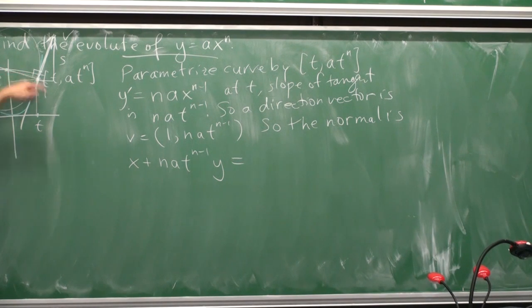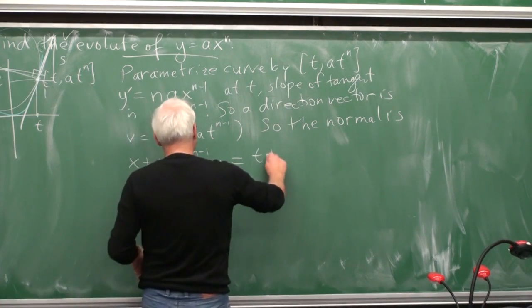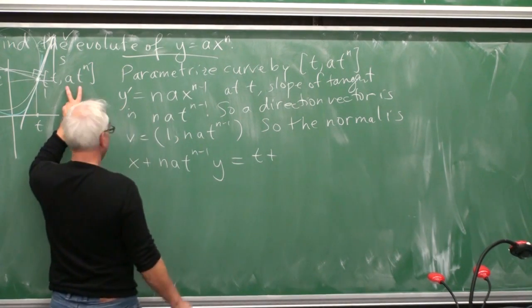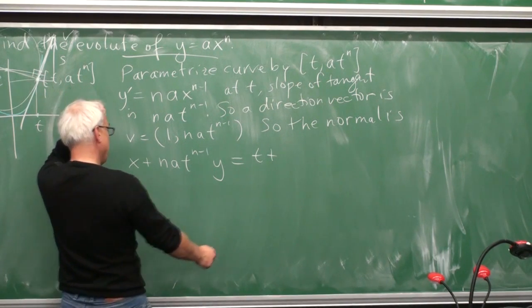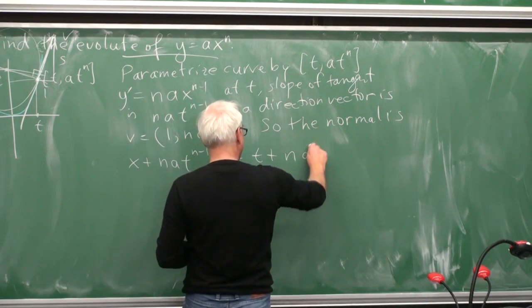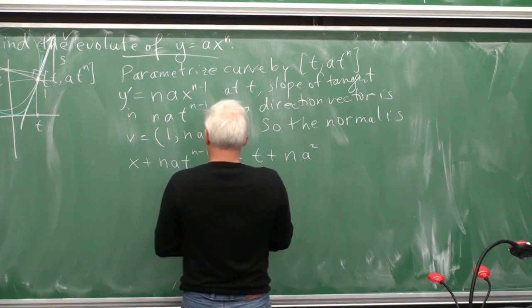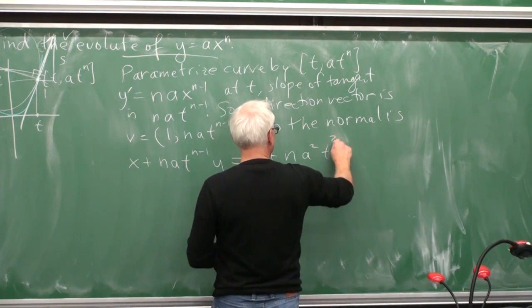So this point has to satisfy the equation of the line. If we plug in x equals t and y equals a t to the n, we're going to get what it has to be equal to. So it has to be equal to t plus, I have to replace y with a times t to the n, so that'll be n a squared t to the 2n minus 1.